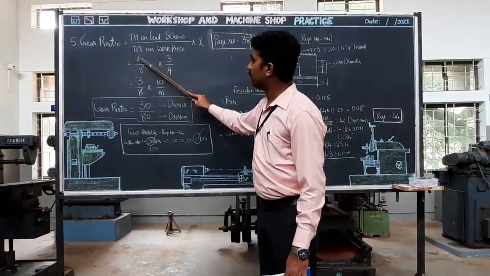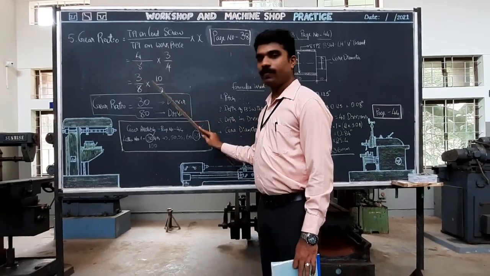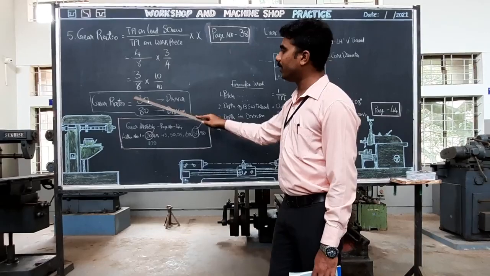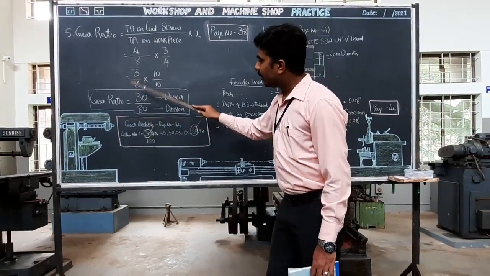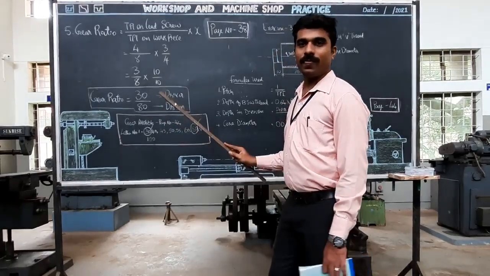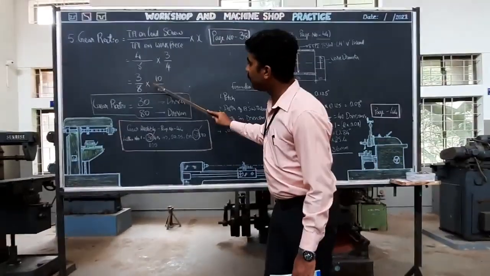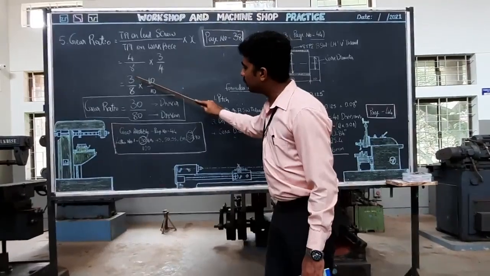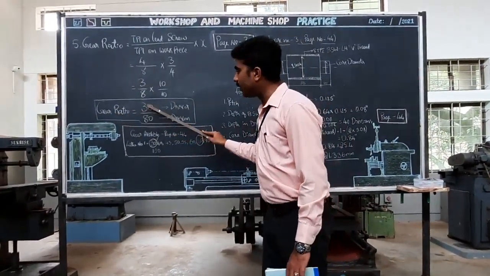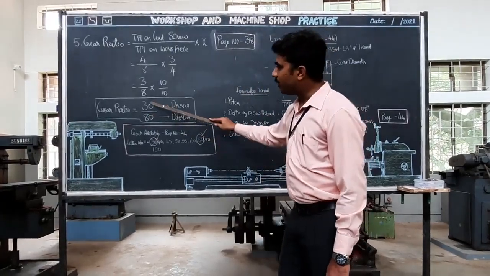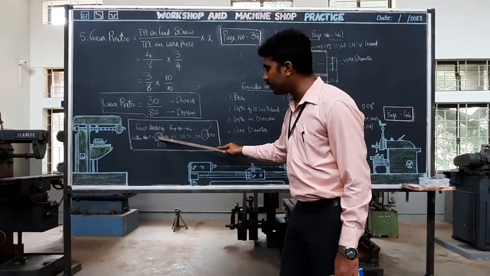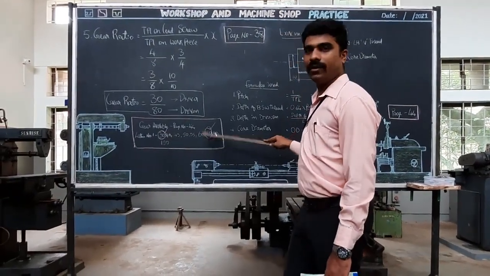The 4s cancel, so I get 3 by 8. 3 by 8 is not a right value to calculate the gear ratio, because a gear with 3 teeth and a gear with 8 teeth is not available. So I have multiplied both the numerator and denominator by 10, and I get a gear ratio of 30 by 80. I can say it's the right answer, because you have a gear with 30 teeth and a gear with 80 teeth.